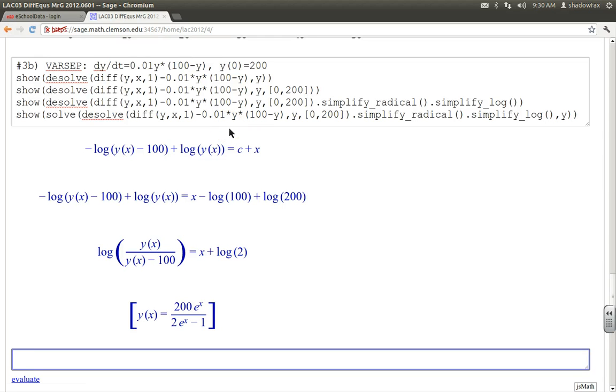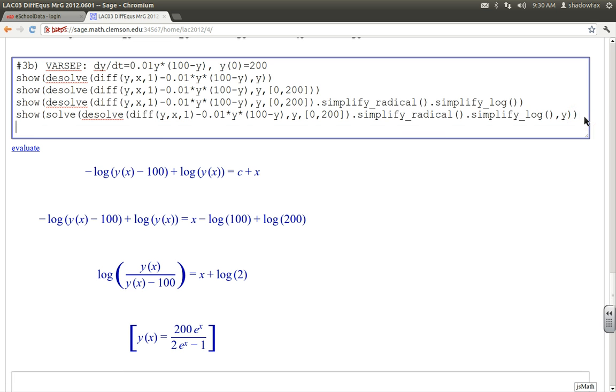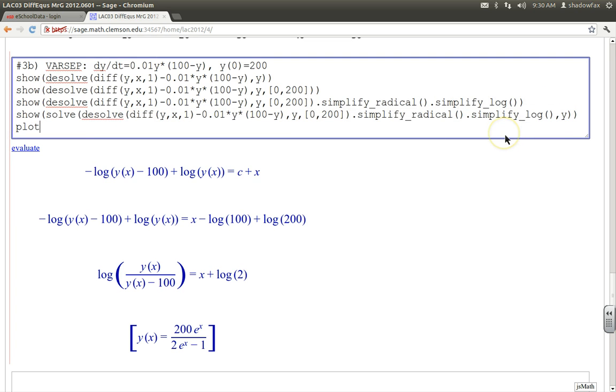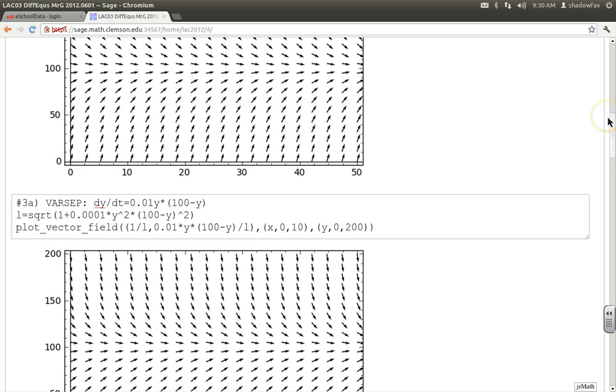Okay? So let's graph that on top of the slope field. So I'm going to call, let's see, how am I going to graph this? What if I plot that? Do a plot of that. Okay. Now, what was the window for 3A? 0 to 10 and 0 to 100, huh?